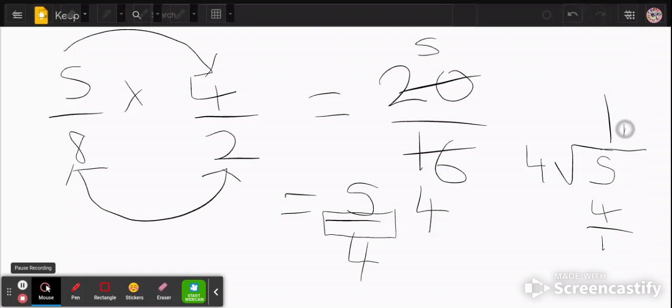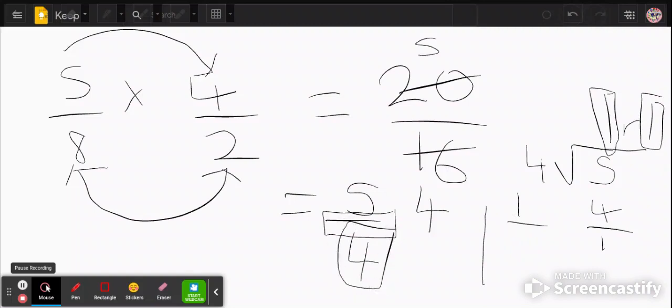So the 1 we get here is our whole number in the mixed fraction, because it's the number of whole groups of 4 you can get out of 5. And the 1 we have as remainder would be in our numerator, and we'll just retain the denominator of 4. Hence, our answer can also be written as 1 1/4.